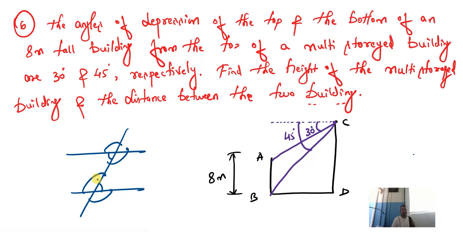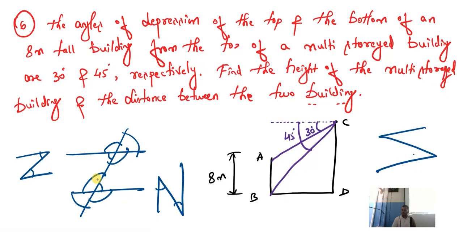Here also we have the same angle. What angle here? Here also the same angle. That is nothing but, in short, the shape of Z. Remember the shape of Z. In Z, this angle is equal. Remember the shape of Z. Here what angle do we have? Here also we have the same angle. What angle here? Here also we have the same.